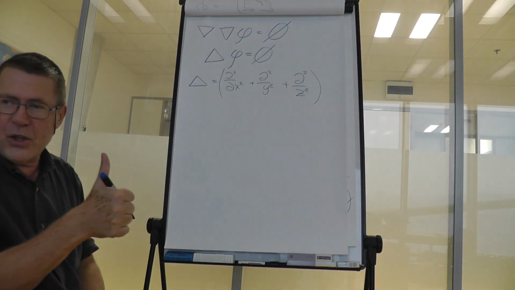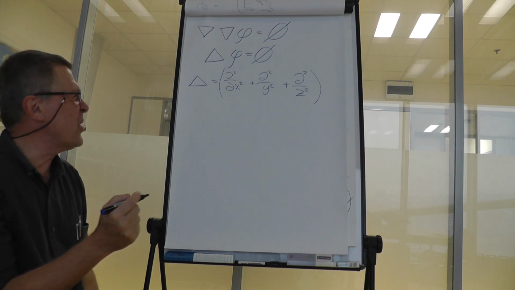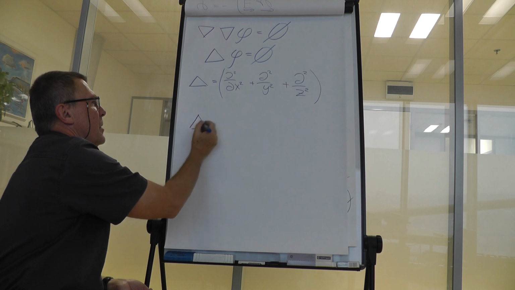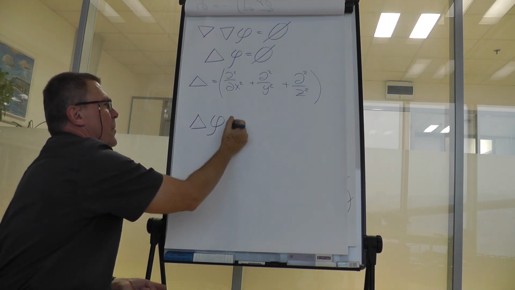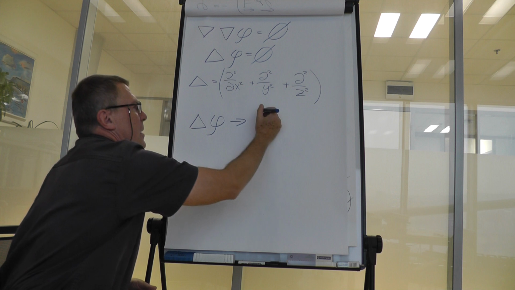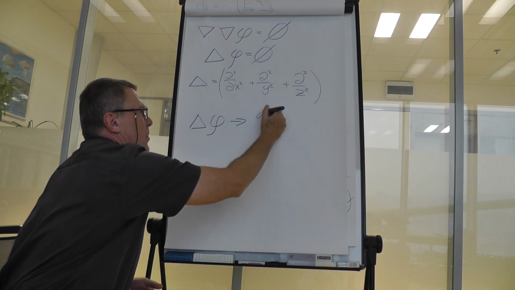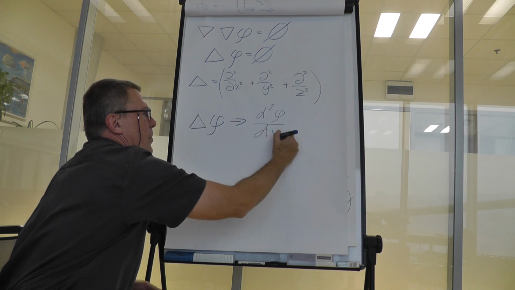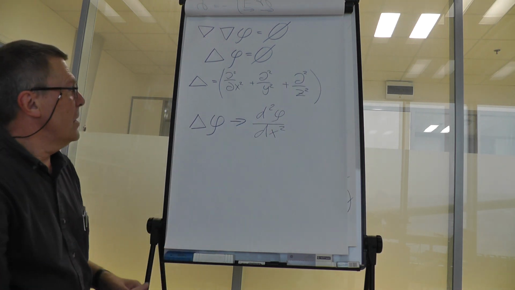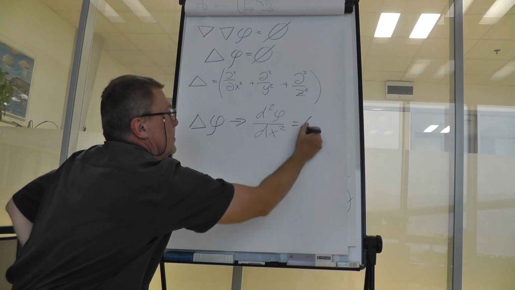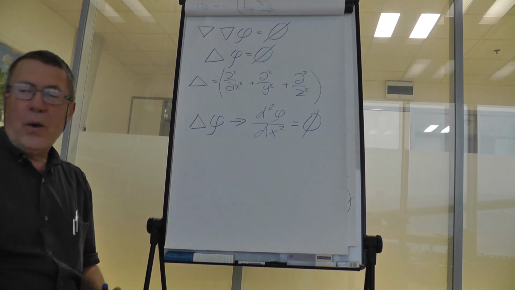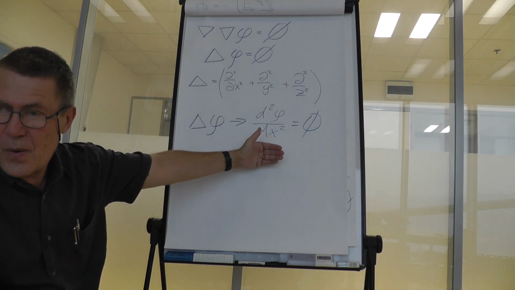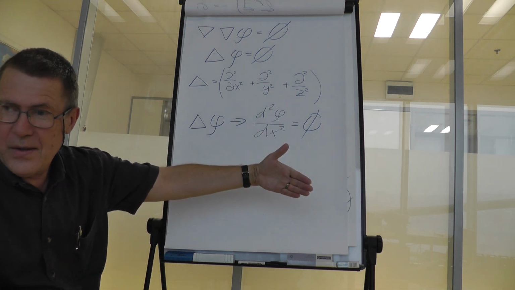So a one-dimensional Laplace equation would look like this: we require that the second derivative of the function phi is 0 on the whole territory.